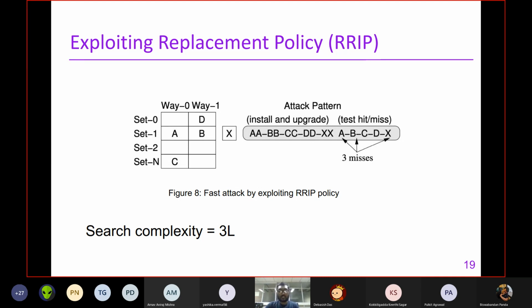If they do multiple accesses, then the reuse bits are set to 0 for each line, and if all the reuse bits are 0, then it behaves like LRU. Since it behaves like LRU, we can do just one thrashing pattern, and then again we will get these misses. So for RRIP, we can see that it only requires 3L accesses.